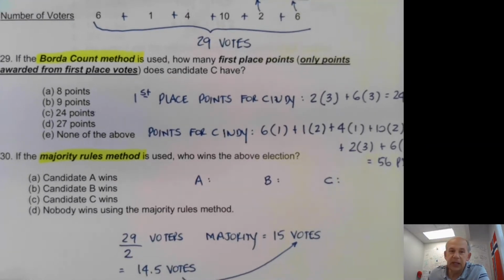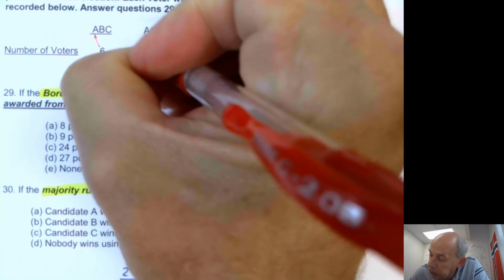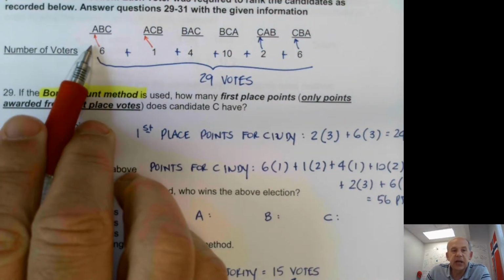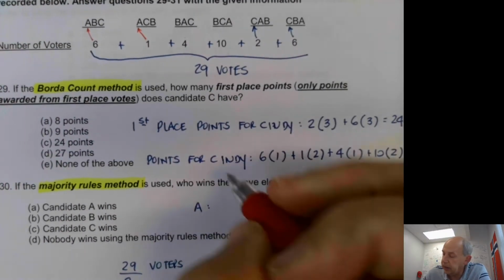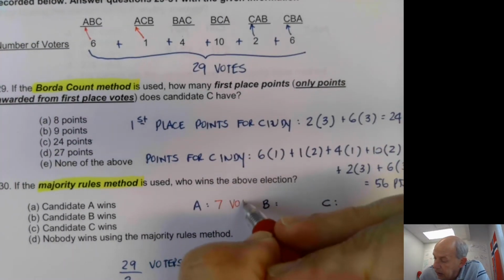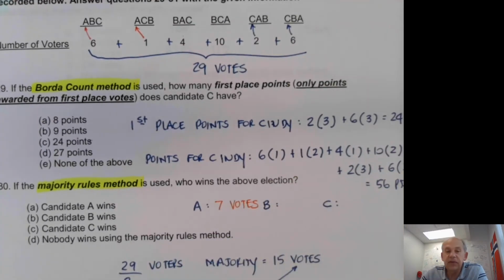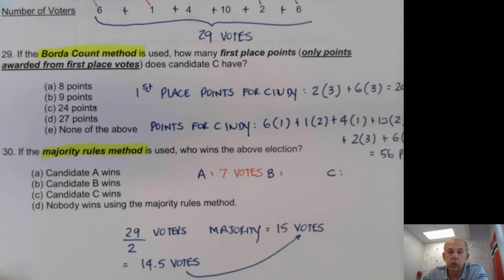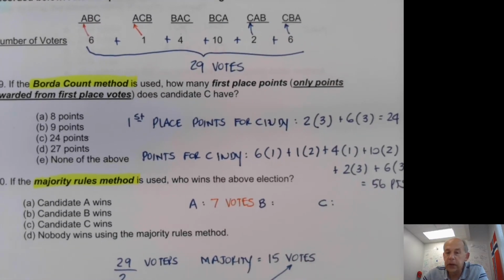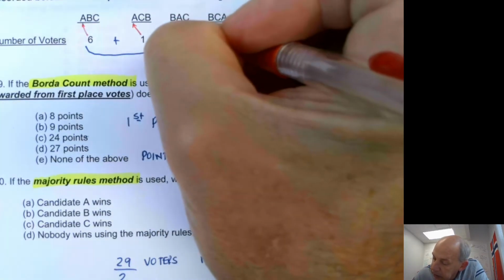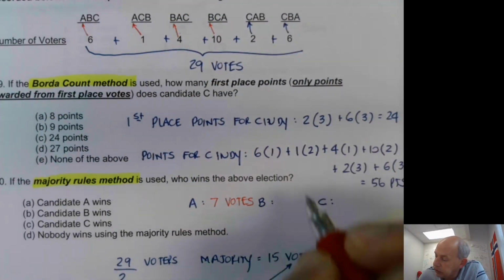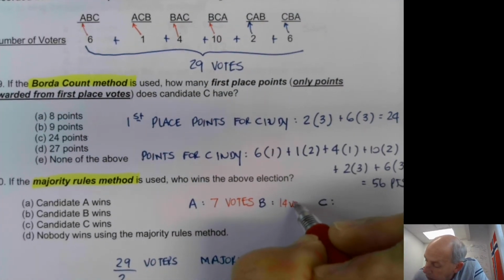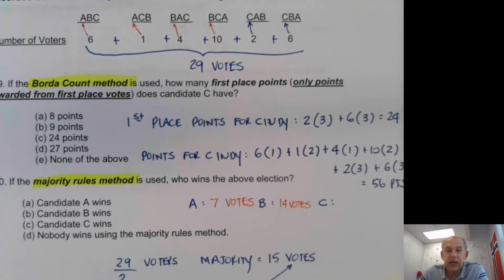Let's see if we can get a winner. Candidate A was in first place 6 times there, 1 time there. Candidate A gets 7 votes for first place. Candidate A does not have a majority for the win. Candidate B, 10 plus 4, 14 votes, does not get a majority.